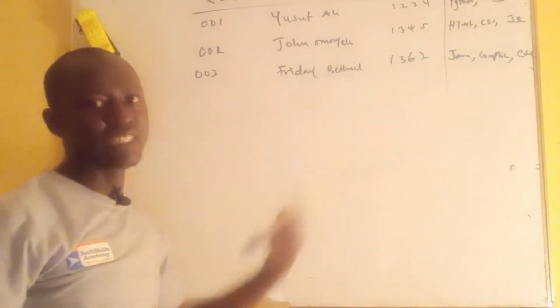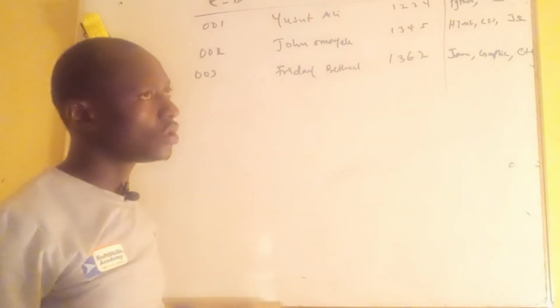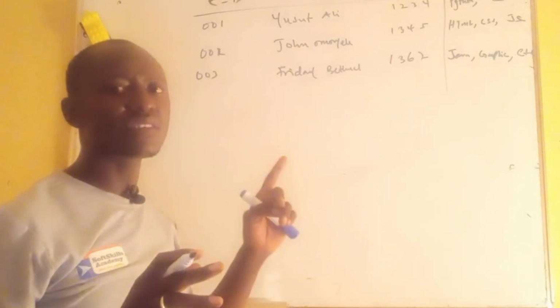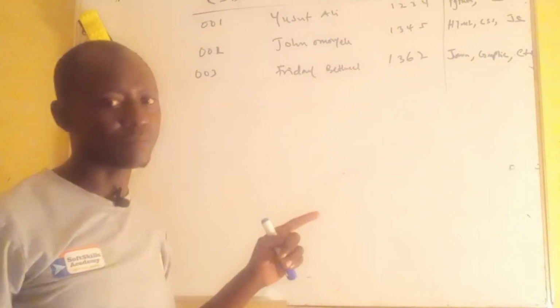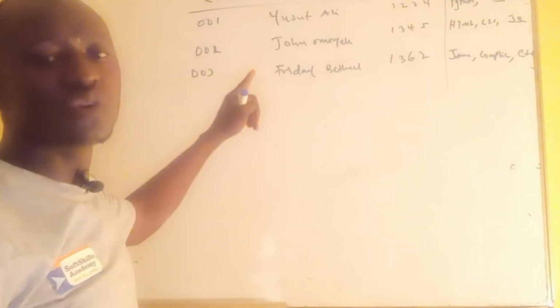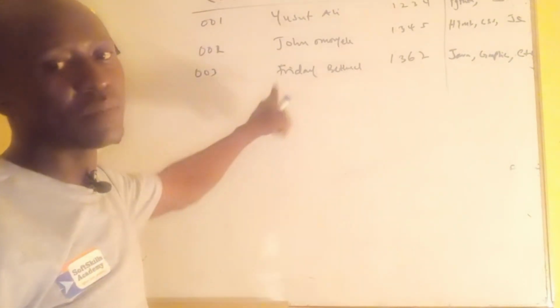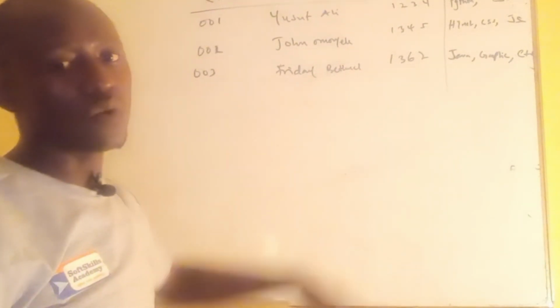They want us to normalize this table. So what we are going to look at first, we remember our first condition in the database management system. What is the first condition? It should have an atomic value.